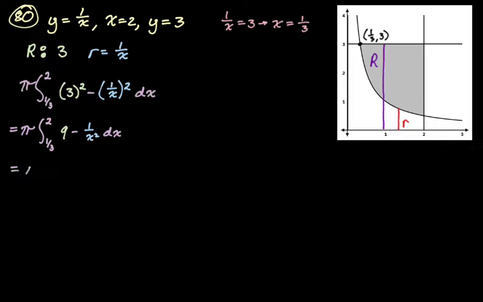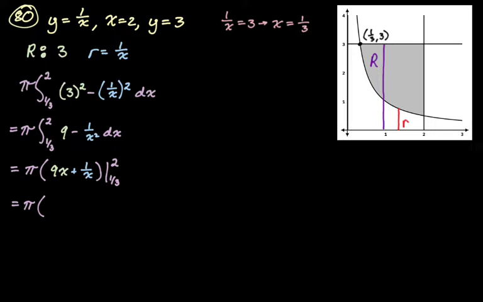So we're going to do pi. The integral of 9 is 9x, and then if you think of it as x to the negative second, plus 1 times the reciprocal is negative 1 x to the negative first. We have minus negative 1 times x to the negative first, so minus negative is plus, x to the negative first is 1 over x, and we are going from 1/3 to 2. So now we just need to plug in 2 and plug in 1/3.